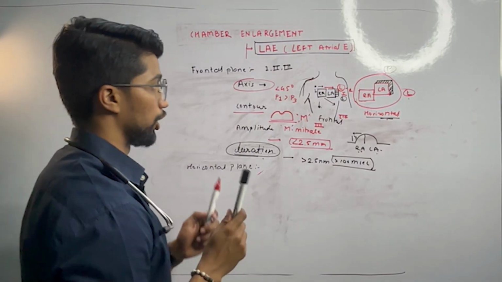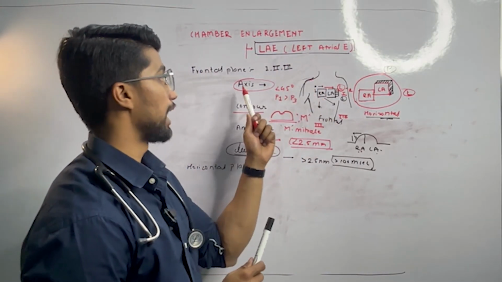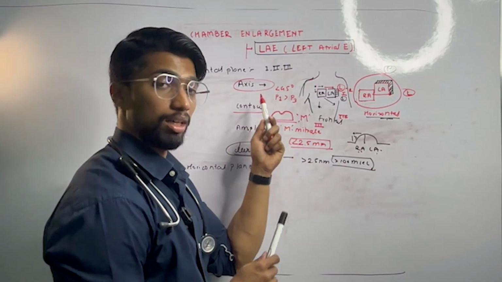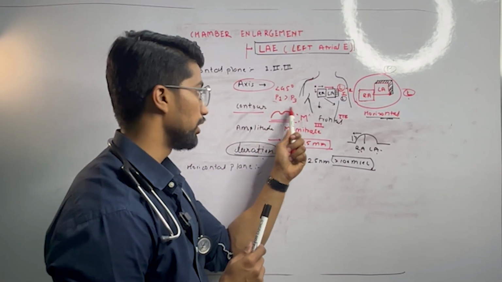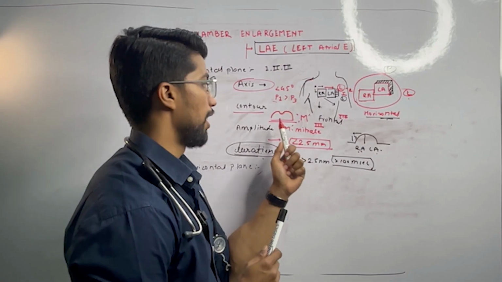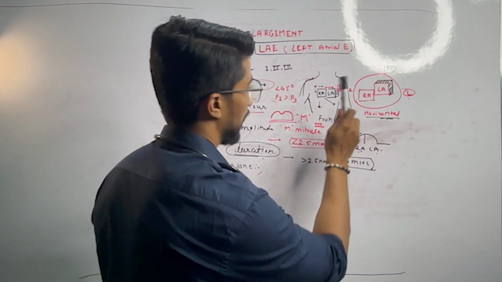So what we understood as well is that whenever there's left atrial enlargement, in your axis, lead 1 will have a taller P than lead 3. There will be M mitral, and M mitral is best seen in inferior and lateral leads.